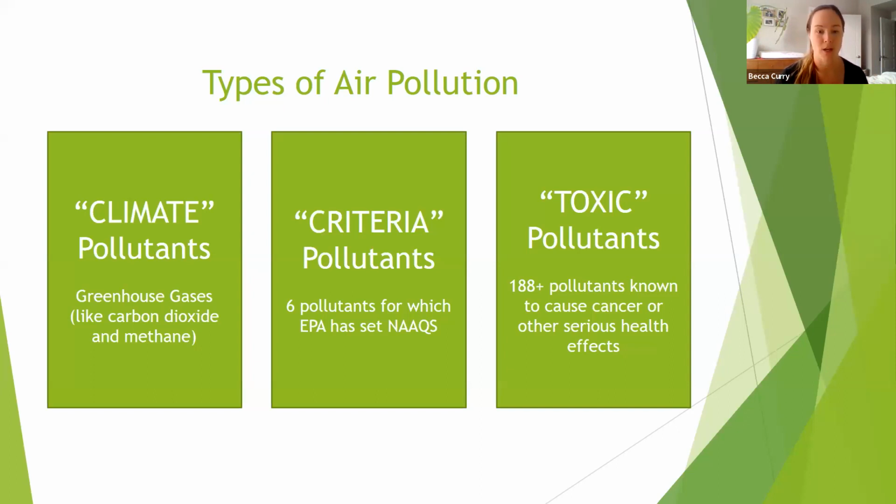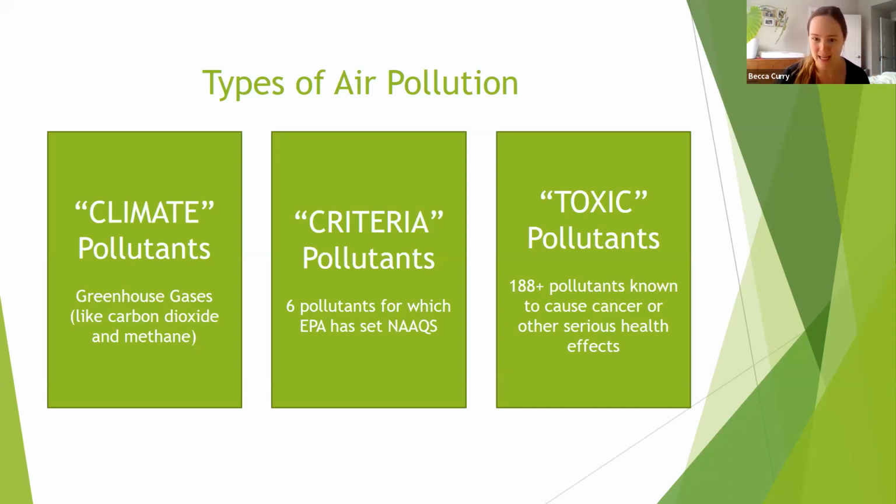Then criteria pollutants, a set of only 6 important pollutants, for which the EPA, our Environmental Protection Agency, has set what are called the NAAQS, the National Ambient Air Quality Standards. We'll talk about those more in a minute. And the final bucket is toxic pollutants, which are at least 188 pollutants known to cause cancer or other serious health effects. And there is some overlap between these buckets.